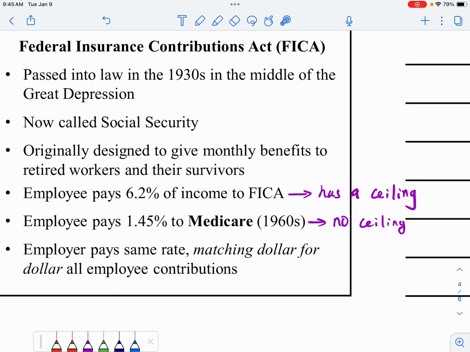Of course, our book was published earlier, so that amount is no longer accurate. I think nowadays, like in 2023 and 2024, it is probably around 160,000-ish that will be subject to the FICA tax. Amounts above that will have no FICA tax.